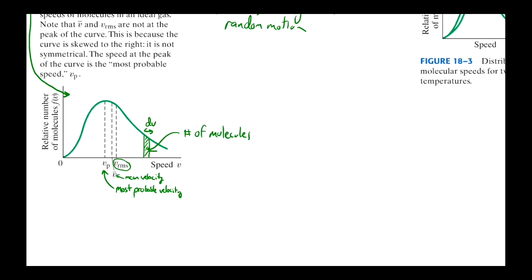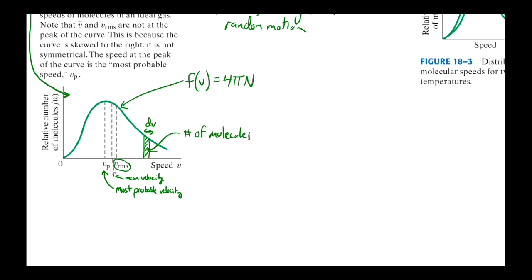So what does this curve look like mathematically? Bear with me just a second. If we wanted to look at the mathematical equation of this distribution curve, it's represented by a function of velocities, and it looks something like this, and this is going to go on for a while. 4 pi times the number of molecules that are in the gas times m over 2 pi kT, and that's the Boltzmann constant. All of that to the 3/2 power.